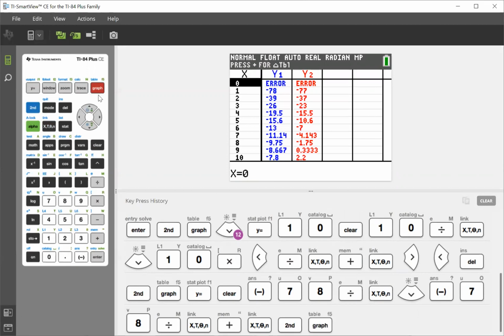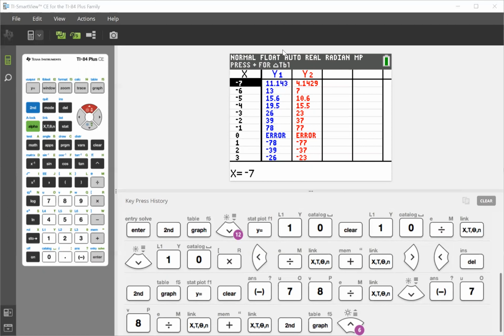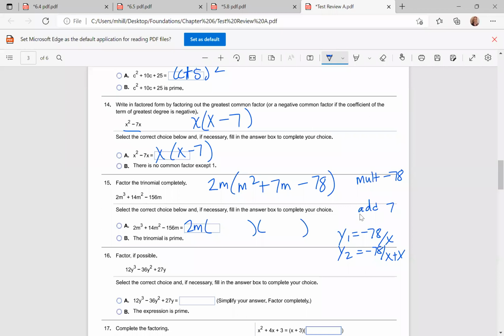And I'm looking for a 7, I do believe, not negative 7. So let me back up, see if we have any. So there's 7 right there. So that means the 2 numbers that are going to work are 13 and negative 6. 13 times negative 6 is negative 78. 13 plus negative 6 is 7, which is what I want, because it's the middle term right here.